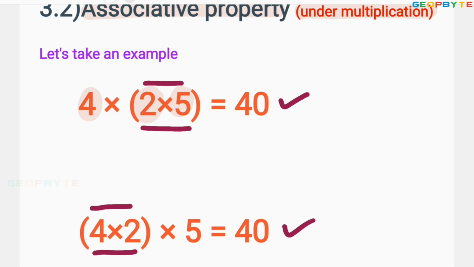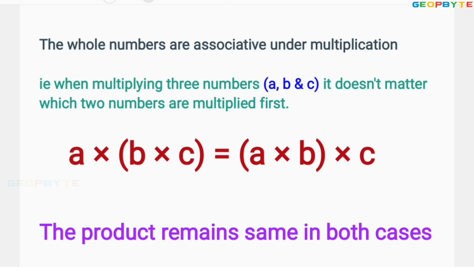I wrote the conclusions like this. Look at the conclusions. The whole numbers are associative under multiplication. That is, when multiplying three numbers like A, B and C, it does not matter which two numbers are multiplied first.